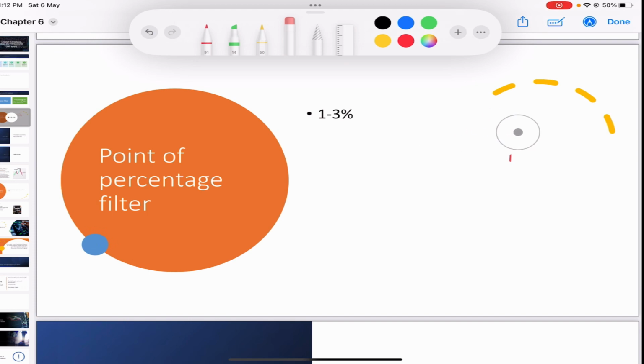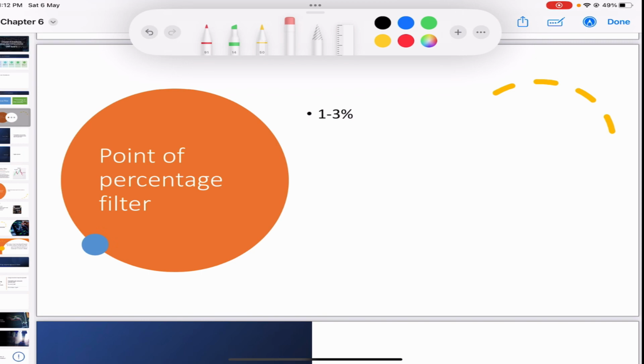Usually people use a 1 to 3% filter. So when the breakout is more than 1 to 3%, you can say that the breakout is real. Anyway, nothing in technical analysis is 100% true, so you can just say that this again improves the accuracy of your trades. Let's quickly read what they have written about our point or percentage filter.